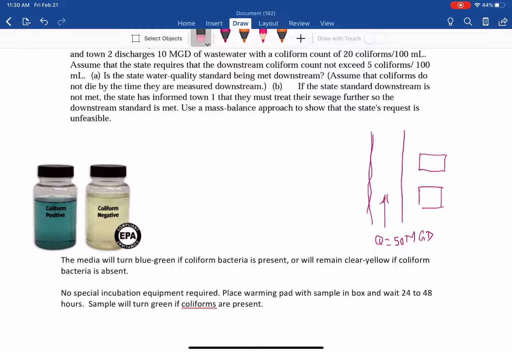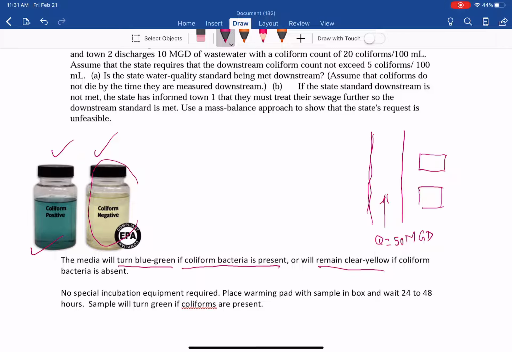This is the EPA certified test. The media will turn green if coliform bacteria is present. If there are any pathogenic organisms, it will turn blue-green, or it will remain clear yellow like this if coliform bacteria is absent. It's simply a test to indicate if there is any pathogenic bacteria in water.